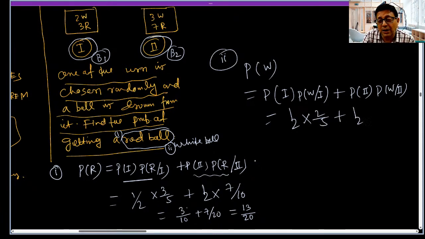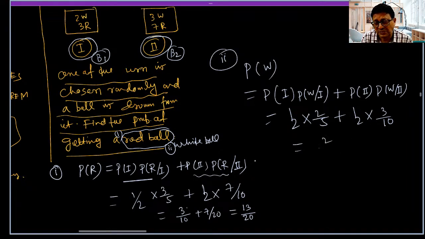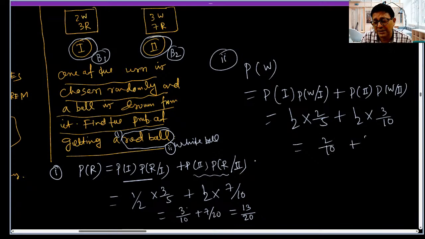Second turn probability is half. White from there is 3/10. So it will be 2/10 plus 3/20. 20 is the LCM, 4 plus 3.